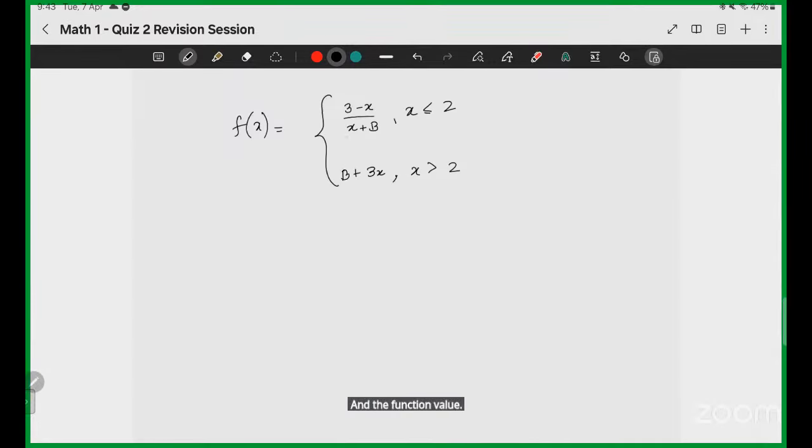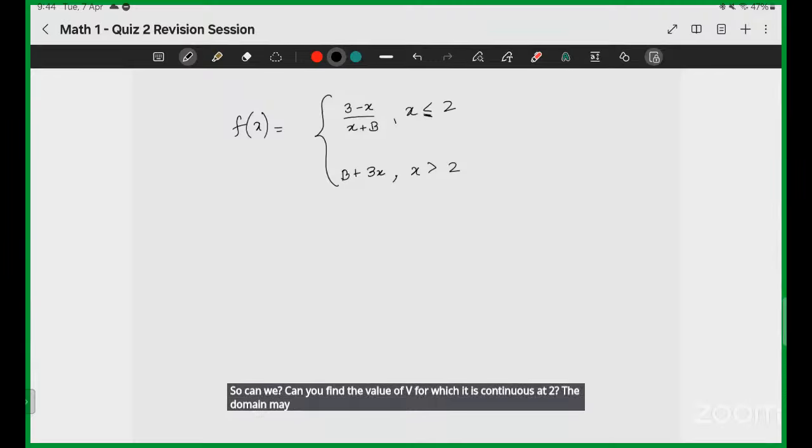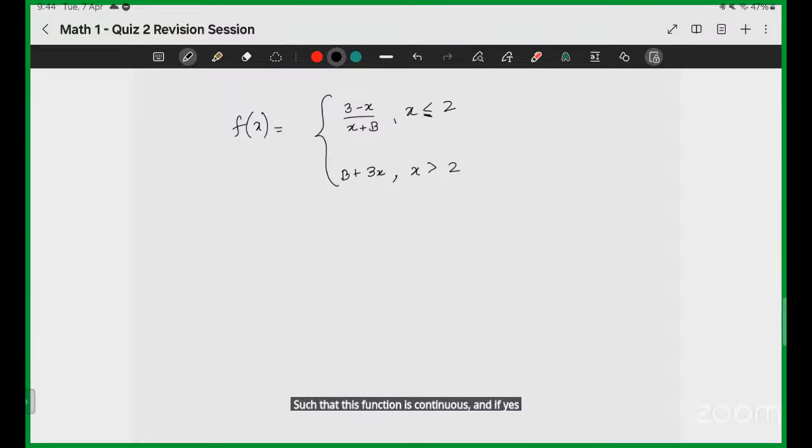Sorry, we need to have the function value as well, I guess. So here we have said x less than or equal to 2. So can you find the value of b for which it is continuous at 2? The domain may include some other point, but is there a value of b such that this function is continuous? And if yes, what is the value?